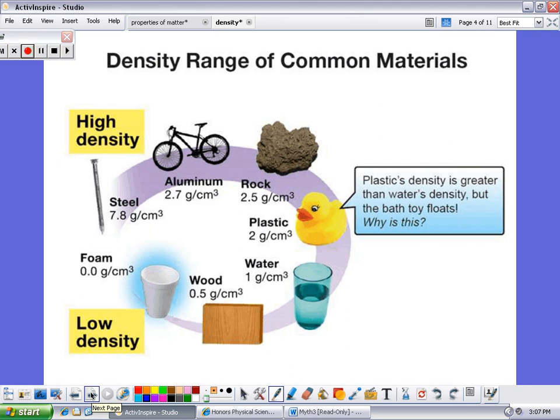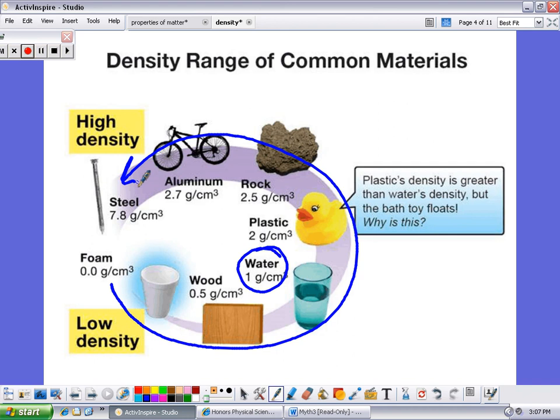Again, here's another diagram that just shows you a range of common materials. Again, water, 1 gram per cubic centimeter. Going from a low density, from the foam, all the way around to steel being our highest density. Now notice, plastic is 2 grams per cubic centimeter of density, which is more than water, so you would typically think that plastic things are going to sink.